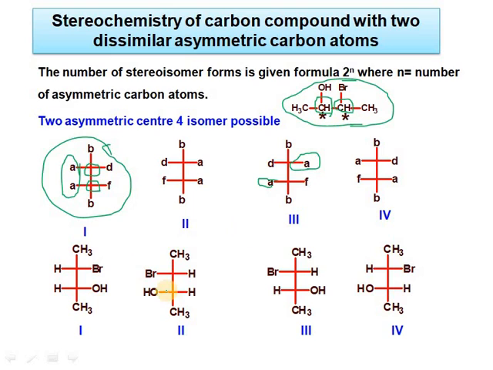So four isomers are possible, one of which is the erythro form, where the two hydrogens are on the same side, and its mirror image. Secondly, there is the threo compound, where similar groups are on opposite sides, and its mirror image. So four isomers are possible due to two chiral centers.